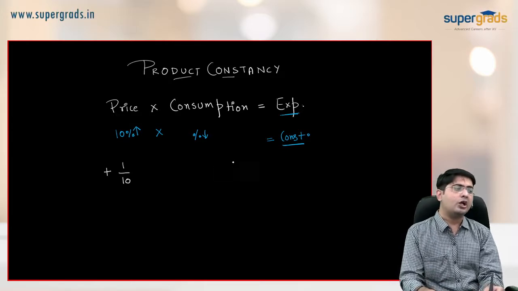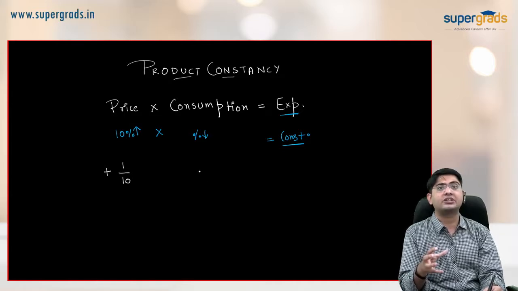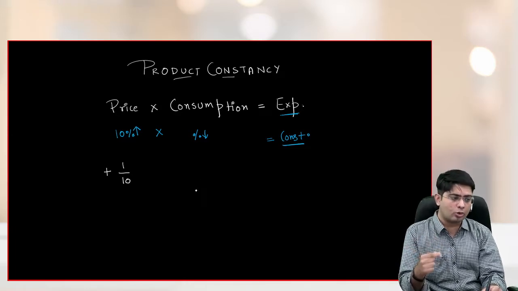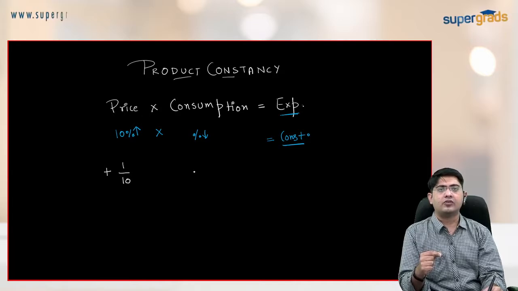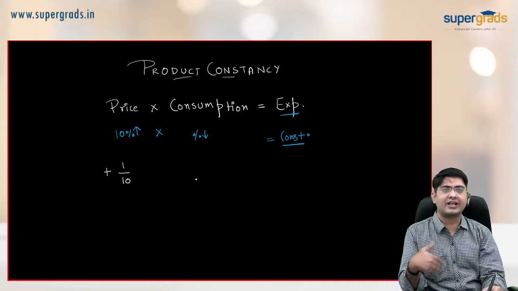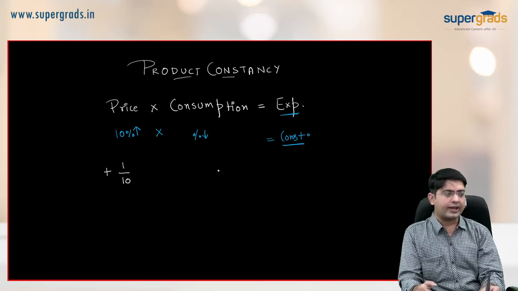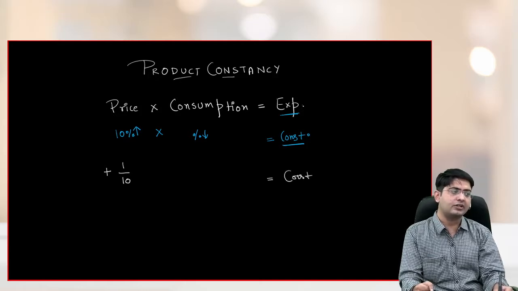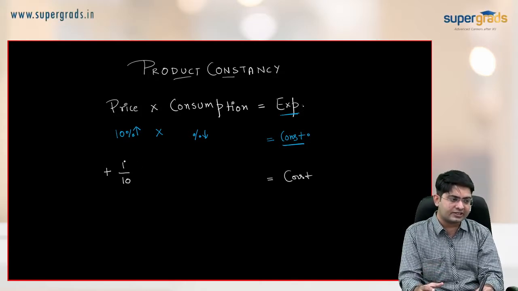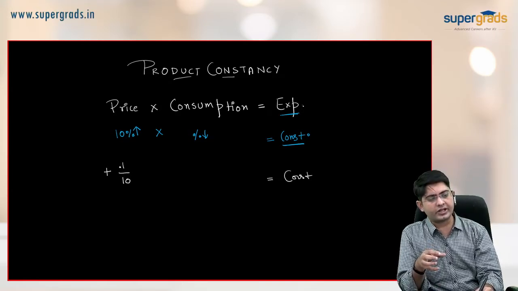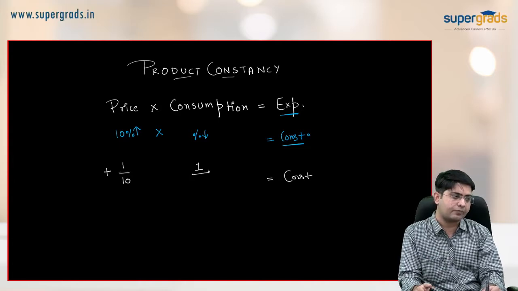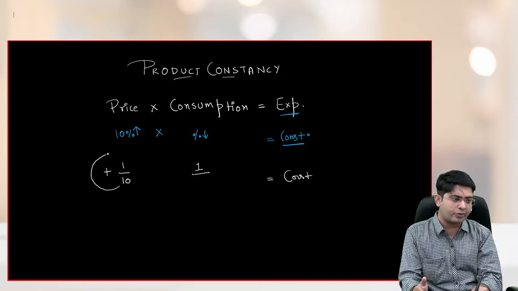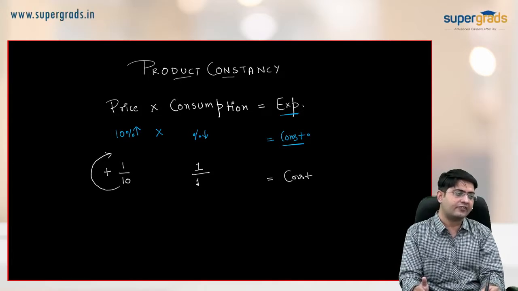To find the fraction by which consumption reduces, keep the numerator of the price increase as it is, and for the consumption, add the numerator to the denominator. That is 10 plus 1, which is 11.